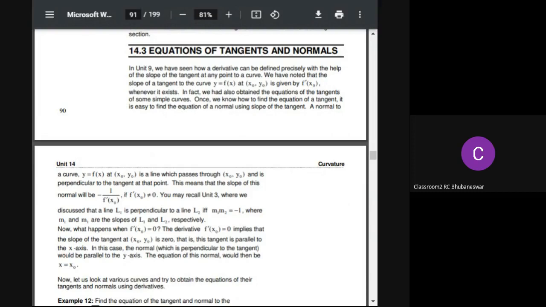So look at that one. To find the equation of the tangent, or the slope of the tangent at the point x0, y0, and the slope of the normal at the same point x0, y0, first we calculate the first derivative of the function, that is f dash x0.